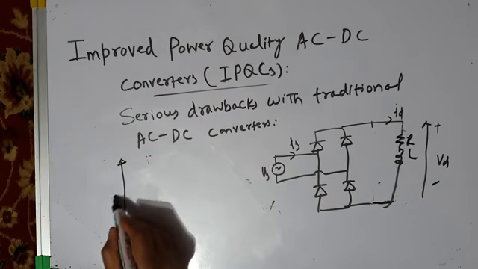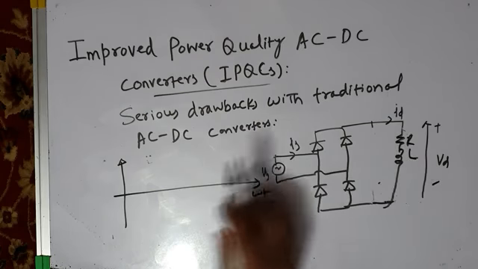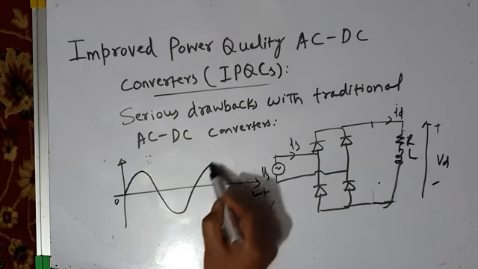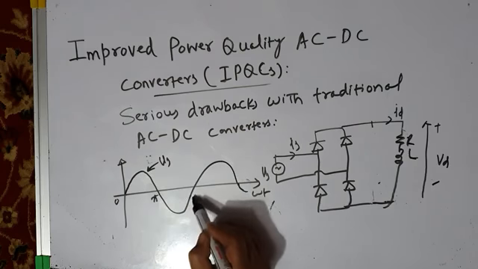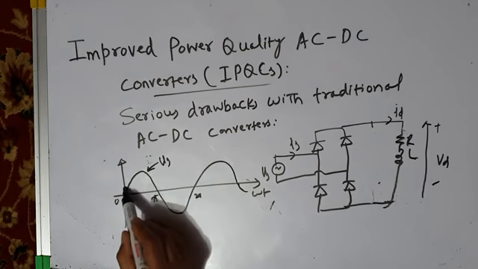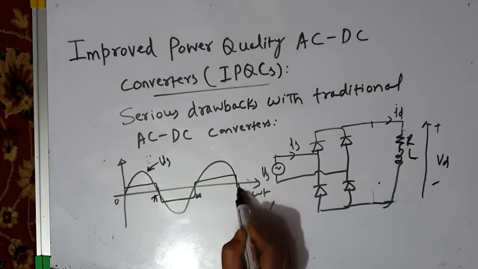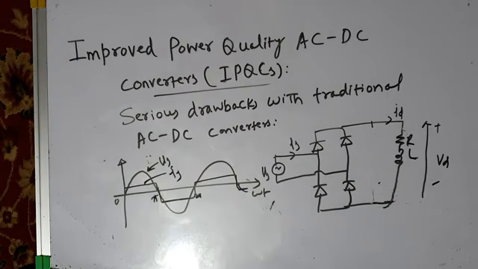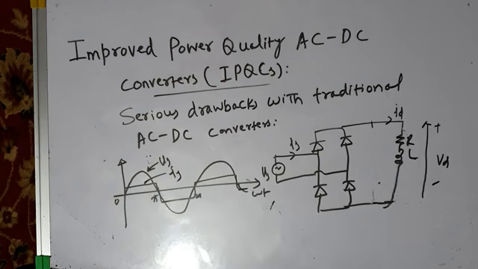Let me remind you, we have done the simulation, and through the simulation I have shown you that this is source voltage, of course, and this is the type of current which this rectifier draws from the source for this type of load. Again, you can see source current is not sinusoidal, it is non-sinusoidal. It is highly distorted. It is rectangular in nature, or square wave.